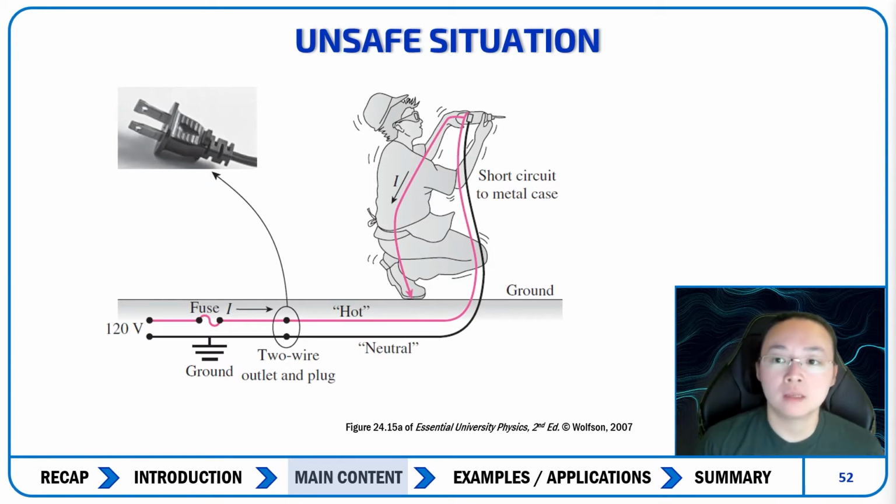cords. So we're going to compare an unsafe situation with a safe situation. This 2-pronged electrical cord and plug, we're going to use as an example of an unsafe situation. So we have the ground here, we have a person standing here, and they're using a tool. The tool is plugged into a wall jack with a 2-prong plug.